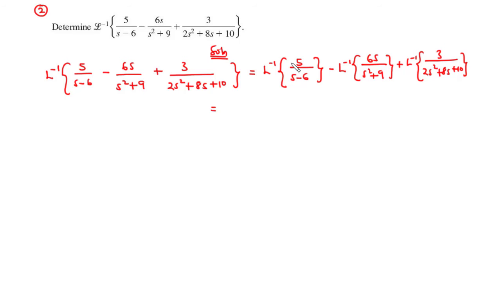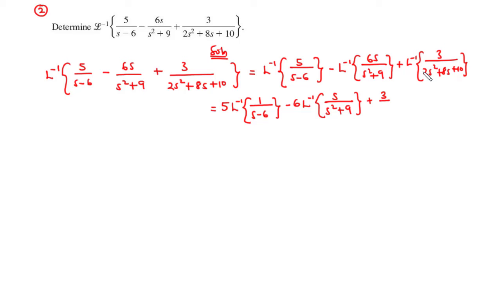Next, because we have constants, we can pull out the constants and then we try to further simplify the function. So we can pull out 5. So we have 5 times the inverse Laplace transform of 1 over s minus 6 minus, we pull out 6 times the inverse Laplace transform of s over s squared plus 9, and then here we have a 3 here, and then notice that we have the coefficient of s squared to be 2.